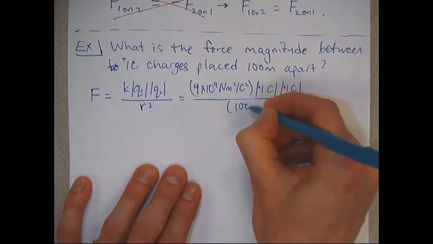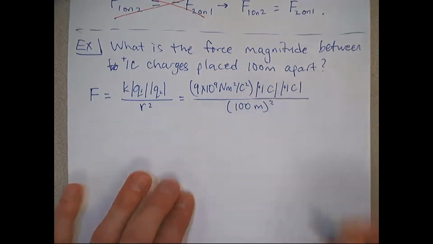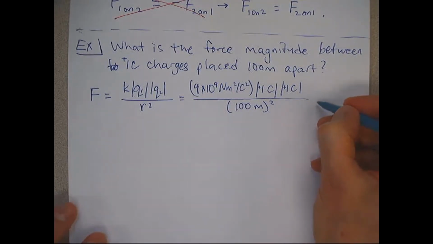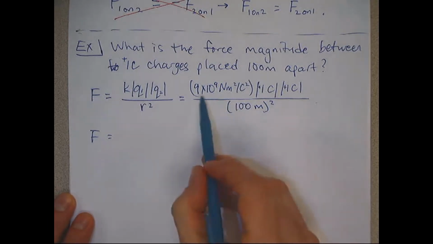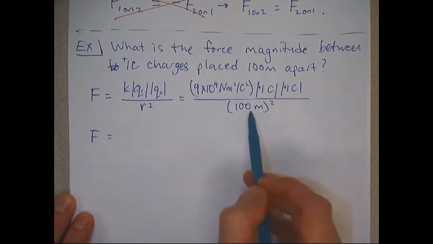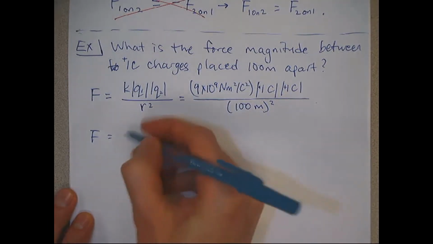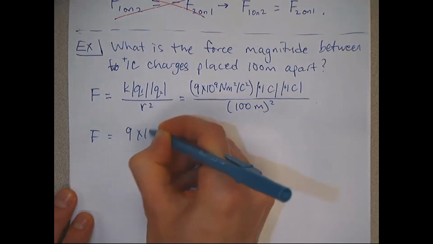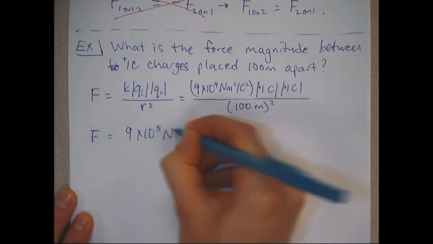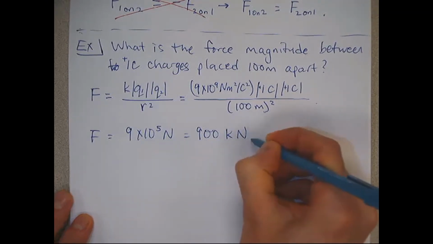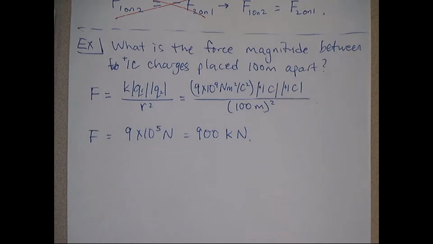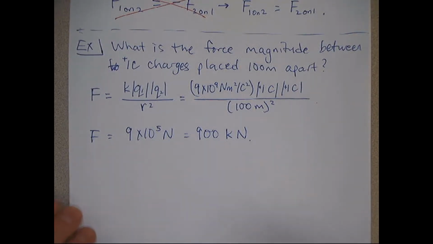And we're placing them 100 meters apart. You can see that this force works to be 9 times 10 to the 9 divided by 10 to the 4. So we have 9 times 10 to the 5 newtons, or 900 kilonewtons of force. These are both positive charges. In this example, they're being forced apart from one another.